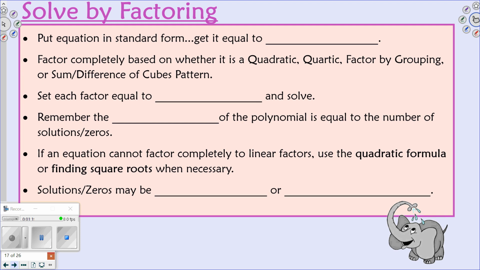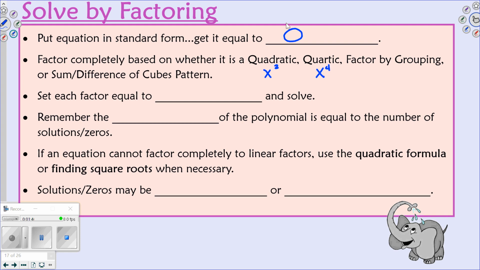All right, so when you are solving by factoring, put the equation in standard form, get it equal to 0. Okay, factor completely based on whether it is quadratic. What's quadratic mean? Good, that means it's x squared. Whether it's quartic, factor by grouping.